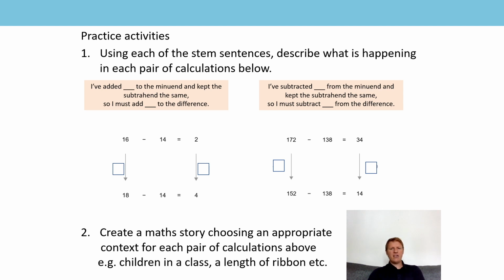And maybe what about a length of ribbon? Could you use any of those numbers to describe what a length of ribbon could be and how that could compare to something else? And again, the minuend would change, the subtrahend would stay the same, but the difference would also change. So get your thinking caps on, write me some math stories, and we'll go through that in the next lesson.